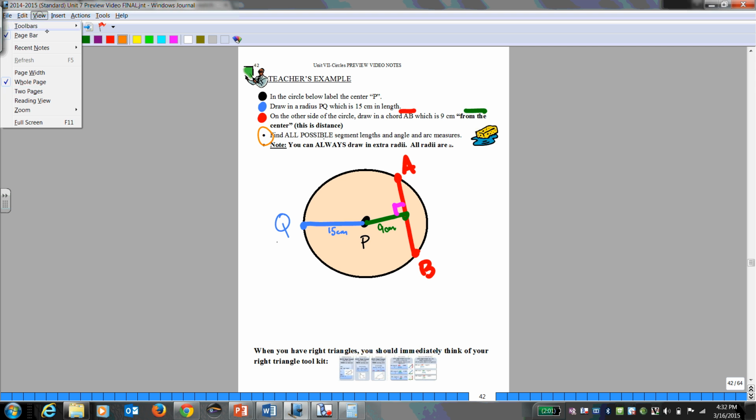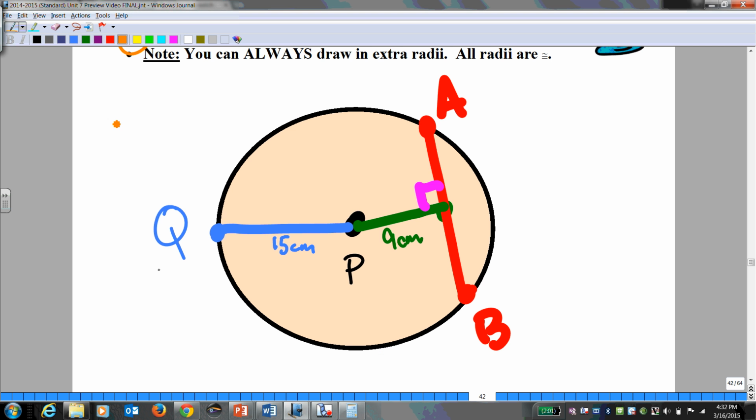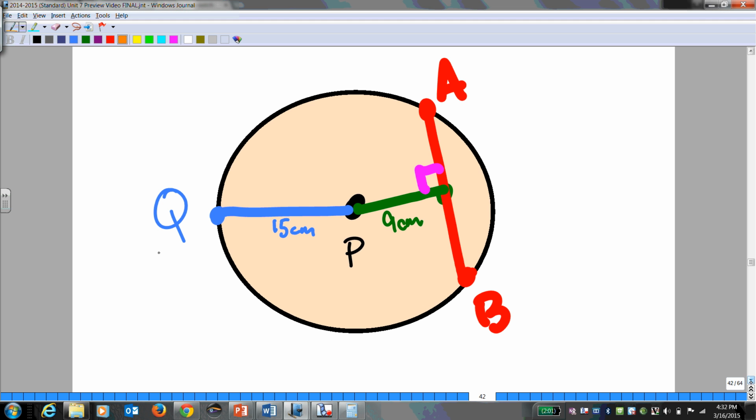Remember, you can always draw in extra radii. We're going to do this one together. Okay, once again, there's no right triangle there. You can't do anything without a right triangle. Right triangles are the key to the geometry universe. So if you don't see a right triangle, ask yourself, can you make one?